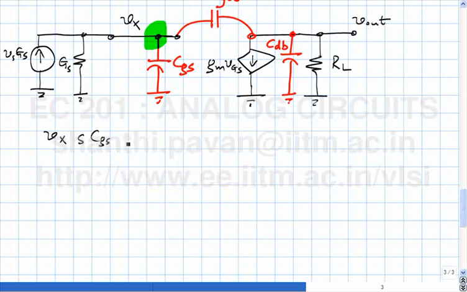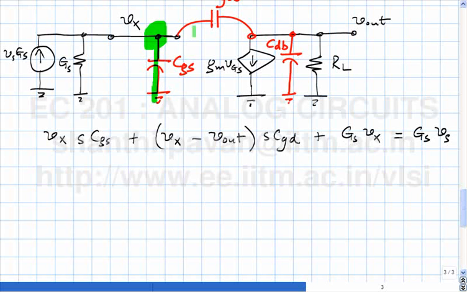S is the Laplace variable, plus Vx minus Vout times SCGD plus GS times Vx must be equal to GS times Vs. The current flowing in this branch plus this branch plus this branch must be equal to the total current coming into this node, and the total current coming into this node is Vs times GS.